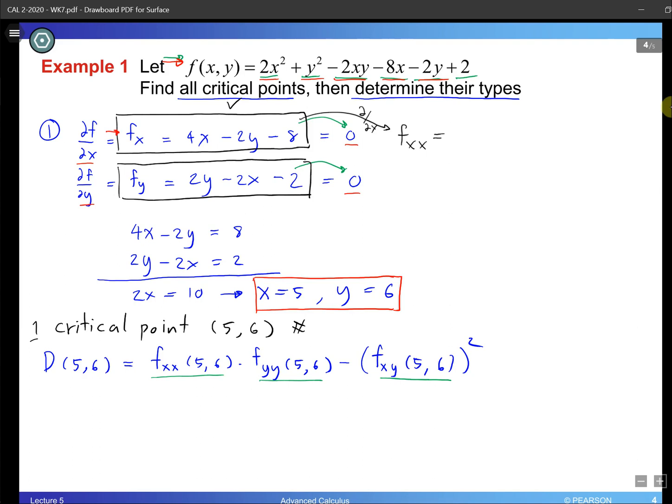This one I get 4, and this one I get 0, and this one I get 0. So second order partial diff of f with respect to x twice is a constant 4.